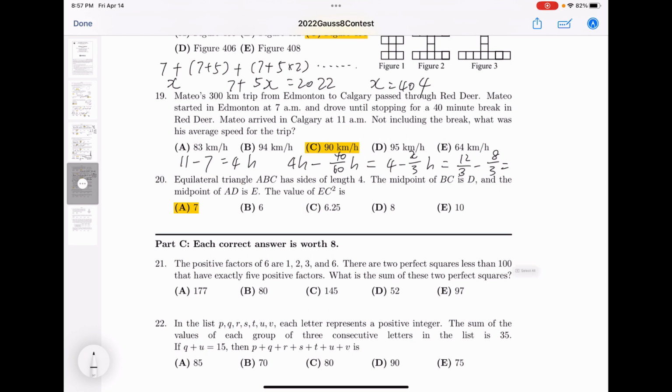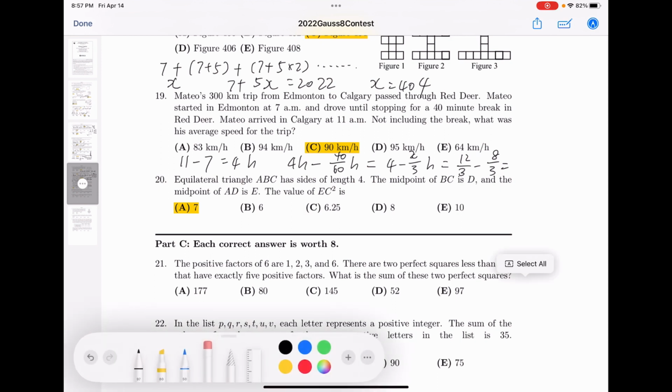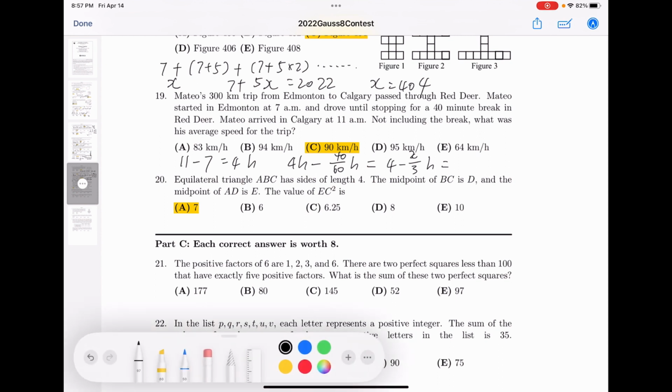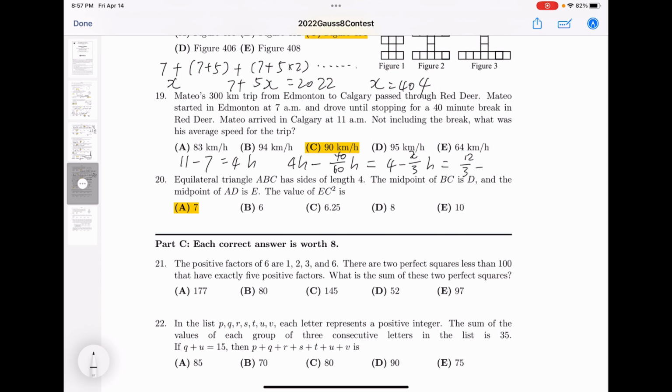Oh, sorry, I made a calculation mistake. This would give us 12 over 3 minus 2 over 3 hours, which is 10 over 3 hours.